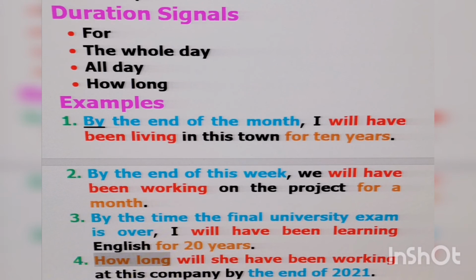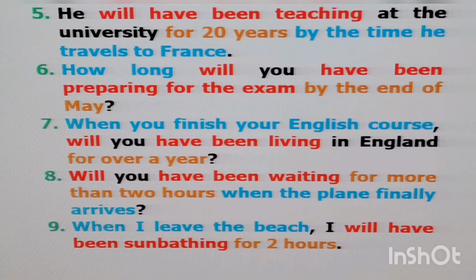And how long, to show the duration, means you should use continuous form. 5. He will have been teaching at the university for 20 years by the time he travels to France. So for 20 years, duration, tense is clear. By the time he travels, you have by the time, the verb that is attached to it should be in the present, travels.